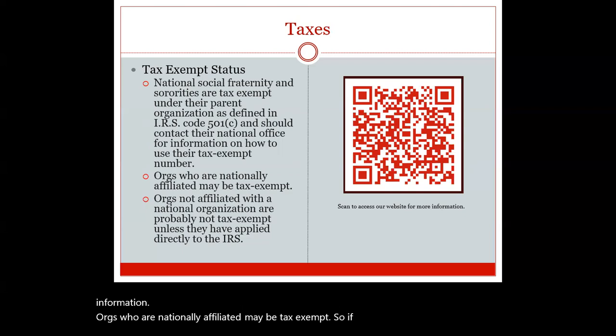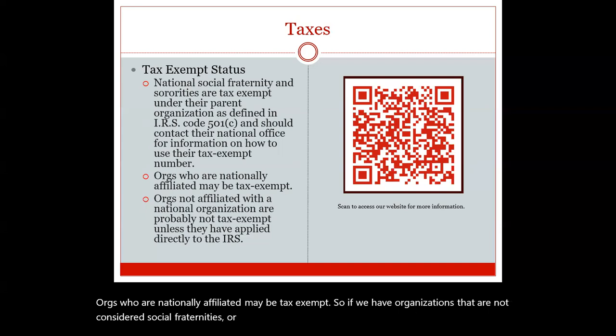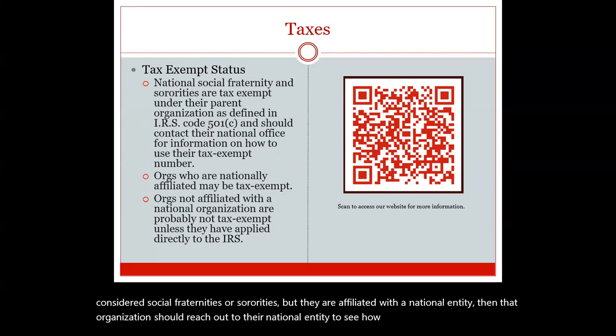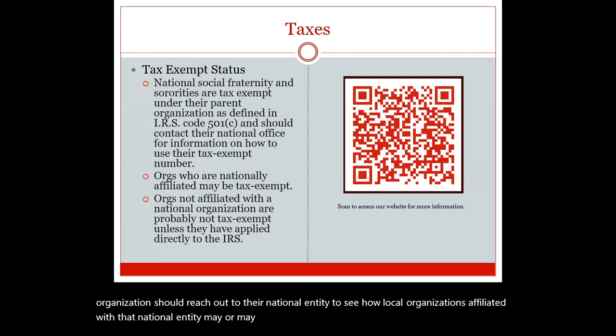If we have organizations that are not considered social fraternities or sororities, but they are affiliated with a national entity, then that organization should reach out to their national entity to see how local organizations affiliated with that national entity may or may not be able to access the tax exempt status of that national entity.